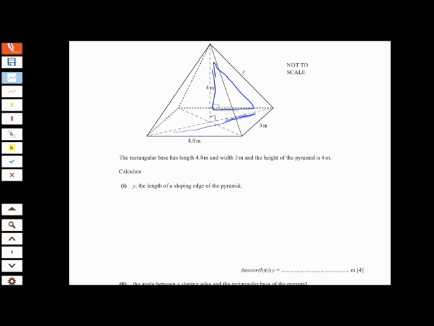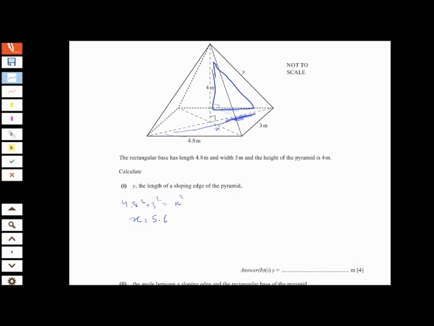You can do that because this is basically a right angle triangle as well, because they said it's a rectangular base. So 4.8 squared plus 3 squared should equal, let's name this x, x squared. So x is 5.66.